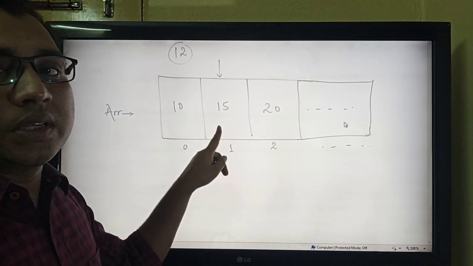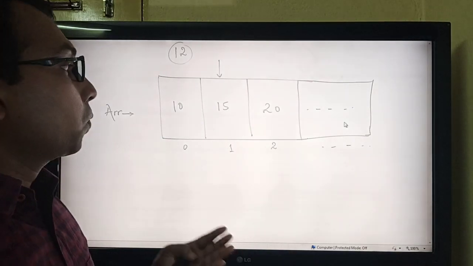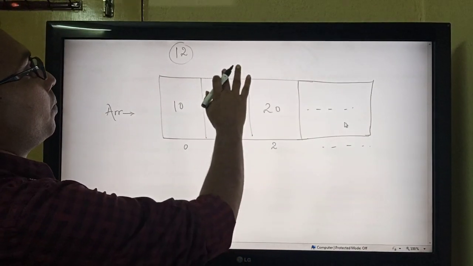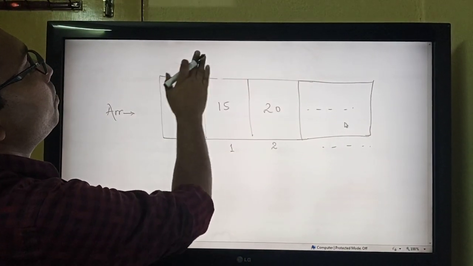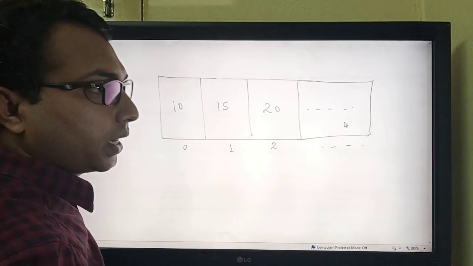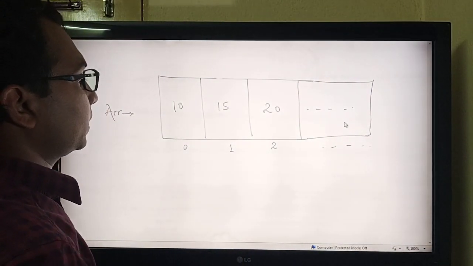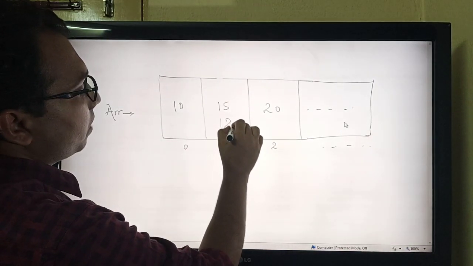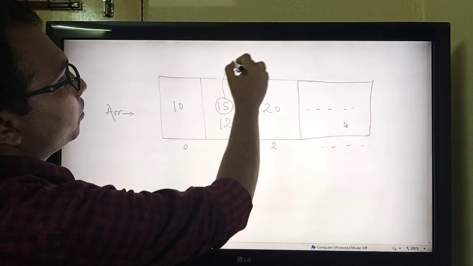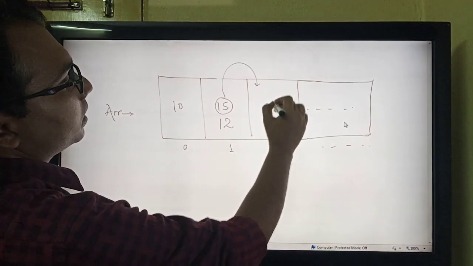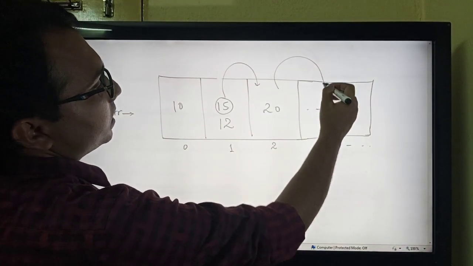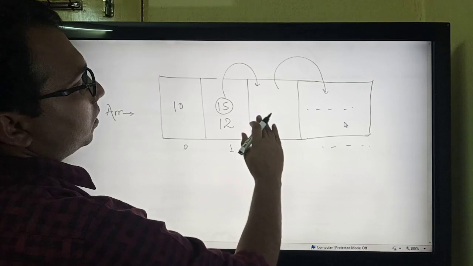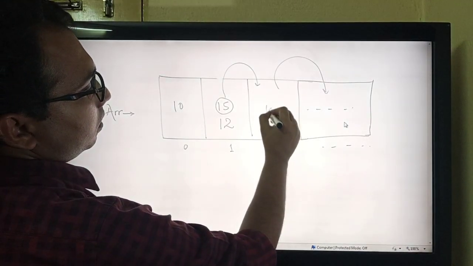But this index is not empty. So what to do? We need to perform several shifting operations. Since we need to store 12 over here, we will have to shift these elements one place to the next indexes.